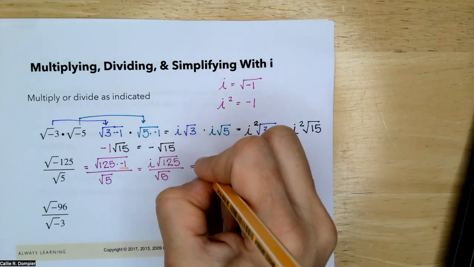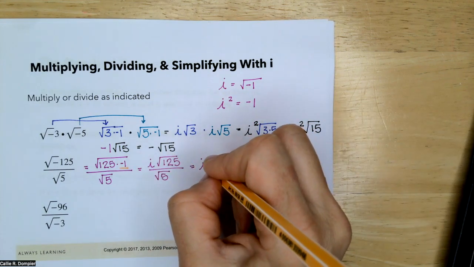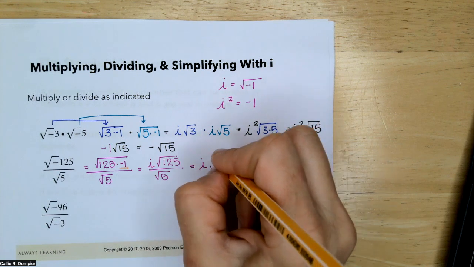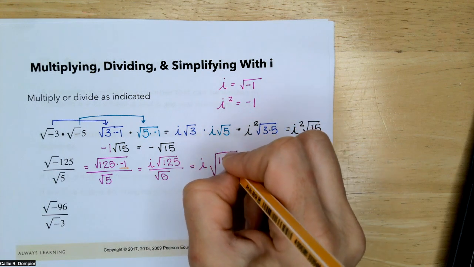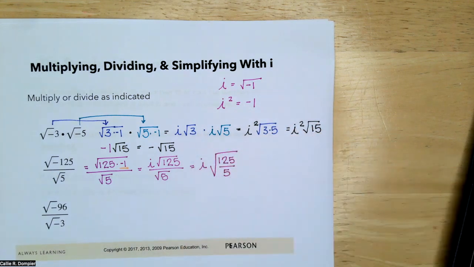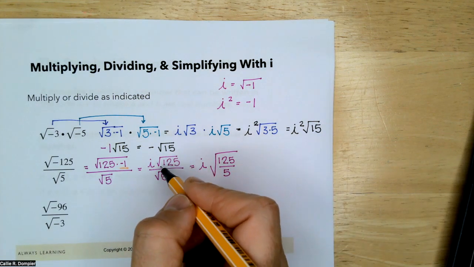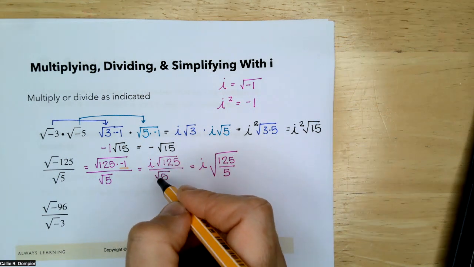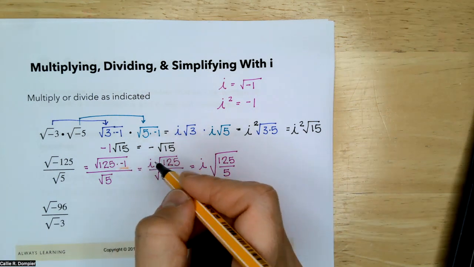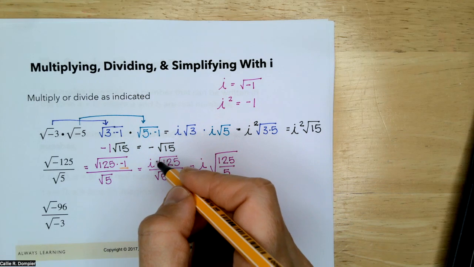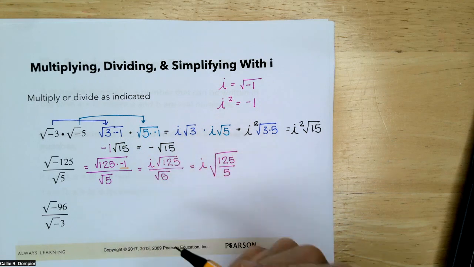Because it's on the top, I'm going to put it out in front. i times 125 over 5. Okay, they're both under an even radical, the radical with an index of 2. So because I've dealt with the i, I can now put them under the same radical as a fraction.